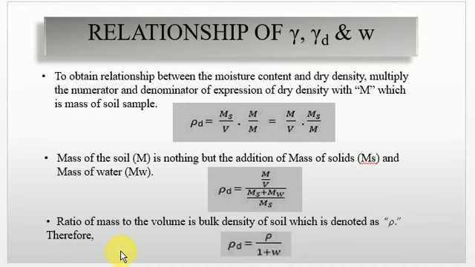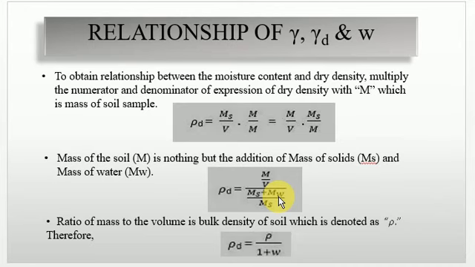Here, the mass of the soil sample M is nothing but the addition of the mass of solids and the mass of water. So M over V, mass over volume, is the density divided by the total mass. We can write the total mass as the mass of solids plus the mass of water.